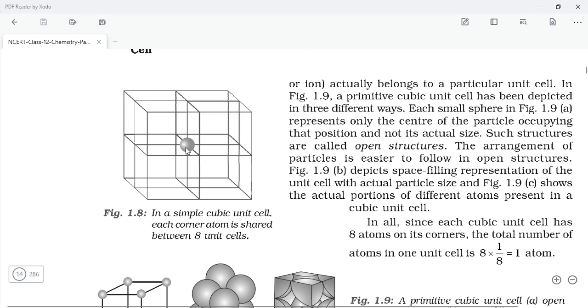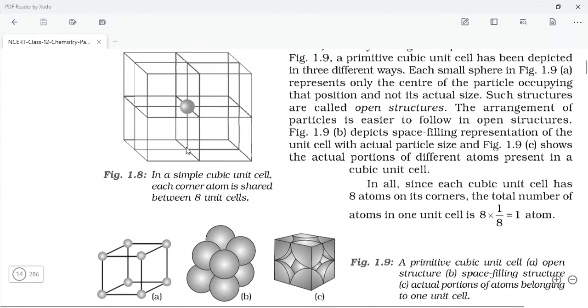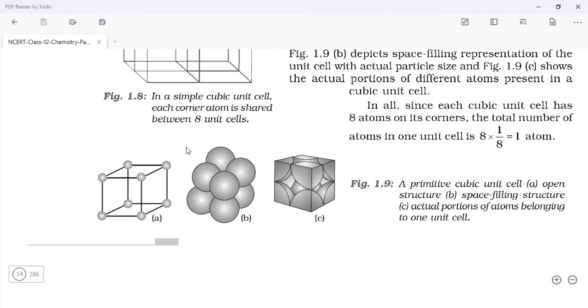That is called the primitive cubic unit cell. Here are some examples of how it looks.